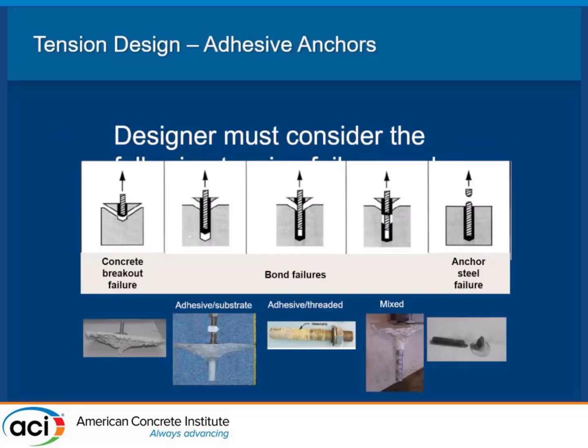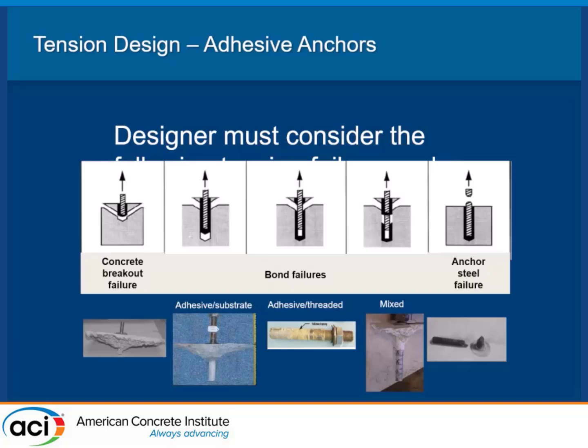When we have adhesive anchors, there are fewer things we have to think about because they're not applying a force to the side, and all the load isn't from the bottom of the anchor, but we still have to do concrete breakout, which is how we calculate regular concrete breakout. It's really bond failures.